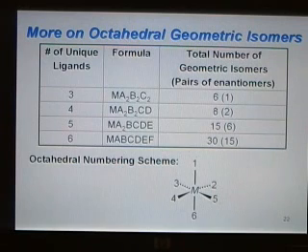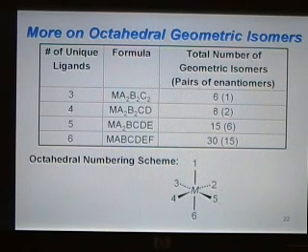That's the RS configurations that we looked at just shortly ago. If we have 4 unique ligands bound to the metal cation, A2, B2, CD, that gives us 8 possibilities with 2 pairs of enantiomers, or 4 total isomers that are optically active.